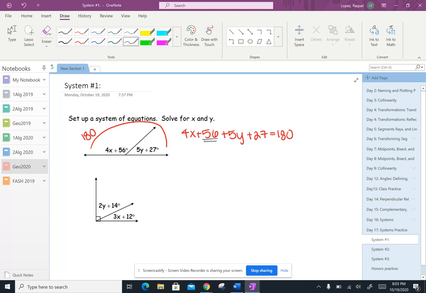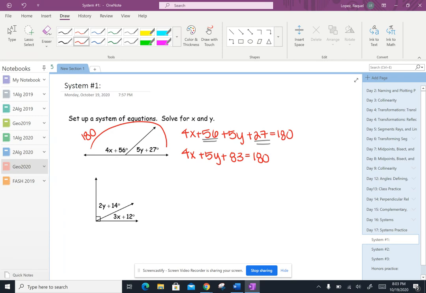And so that just means I'm going to combine this 56 and the 27. So I've got 4x plus 5y plus 83 equals 180. And when I'm solving systems of linear equations, I want all of my x's and y's on one side of the equation if I'm solving using elimination, which it looks like I'm going to solve using elimination.